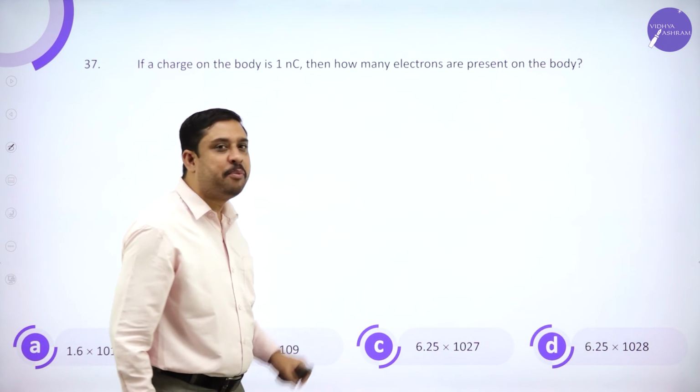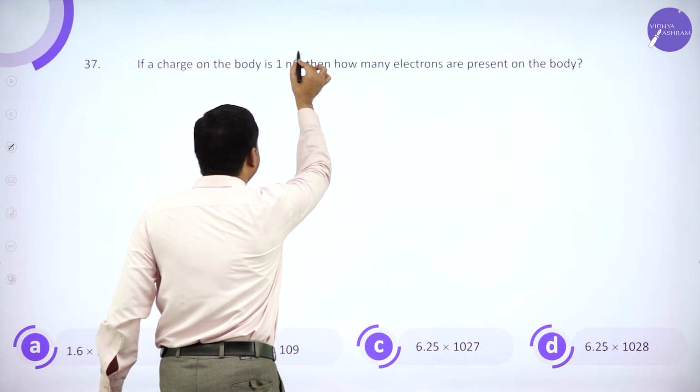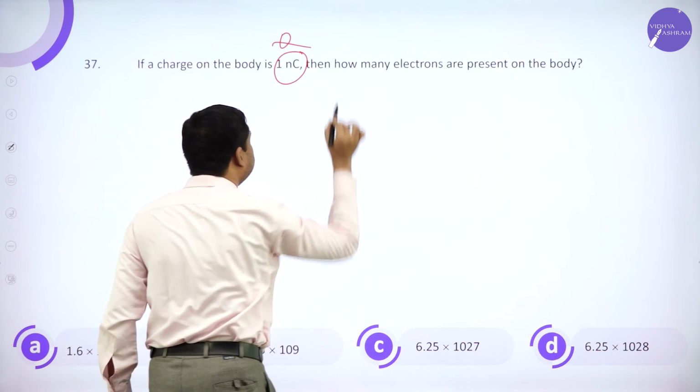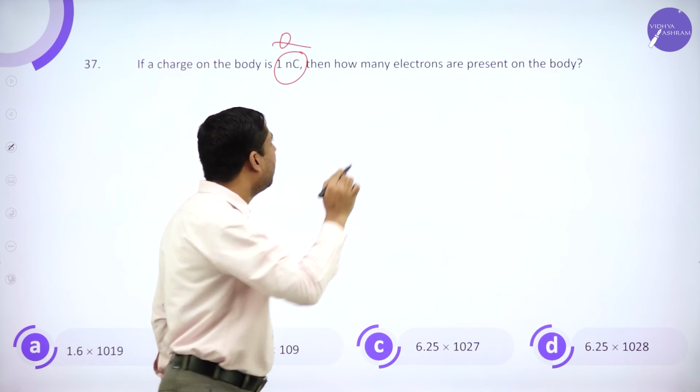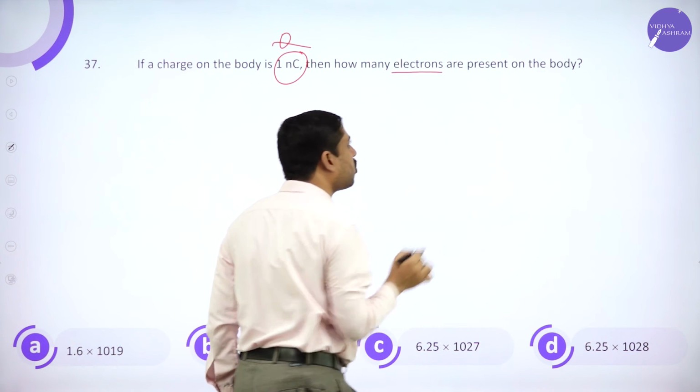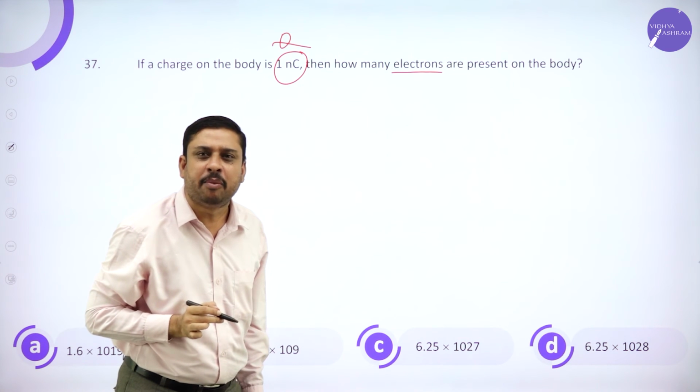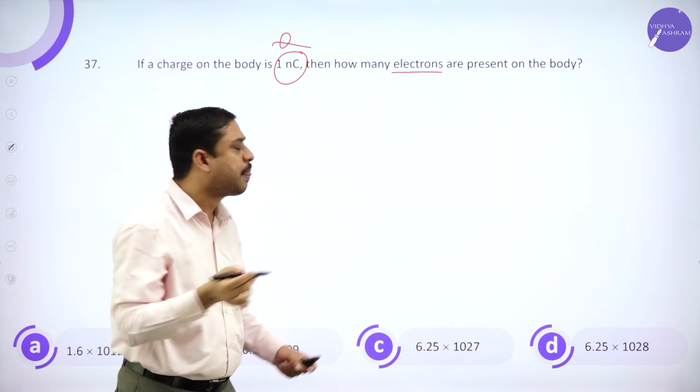If the charge on the body is 1 nanocoulomb, how many electrons are present on the body? So simple.